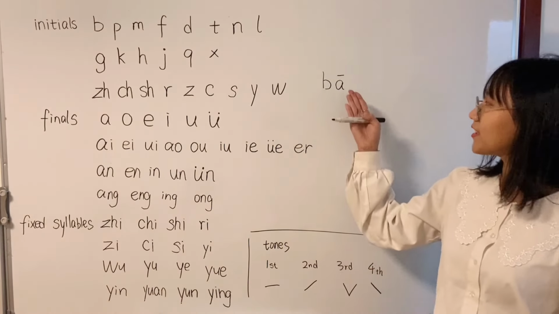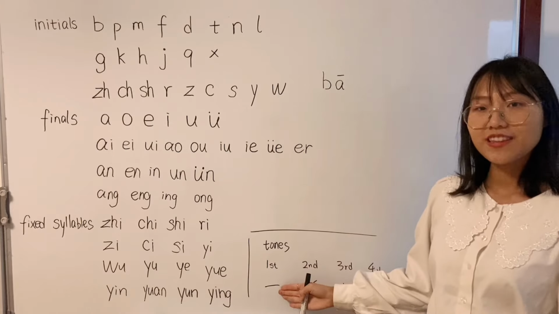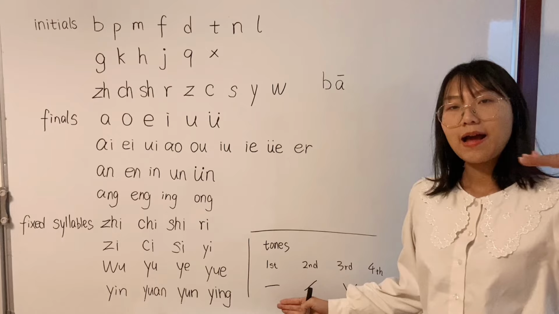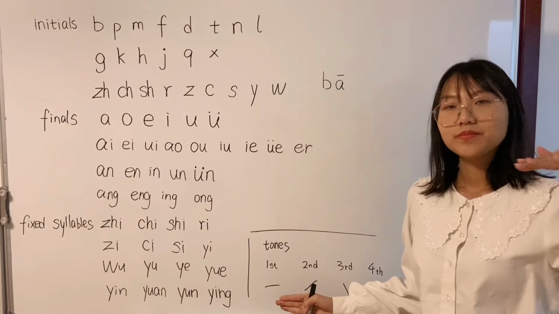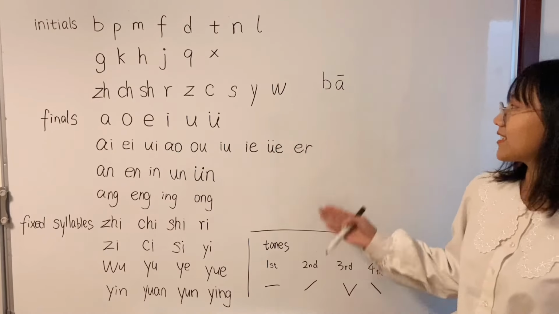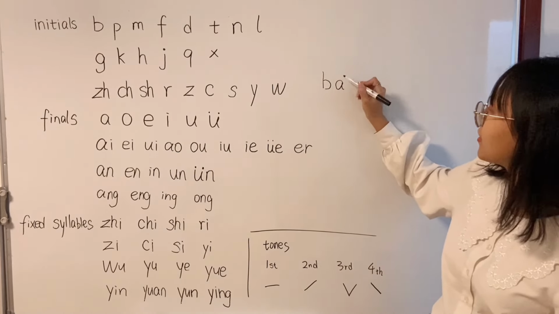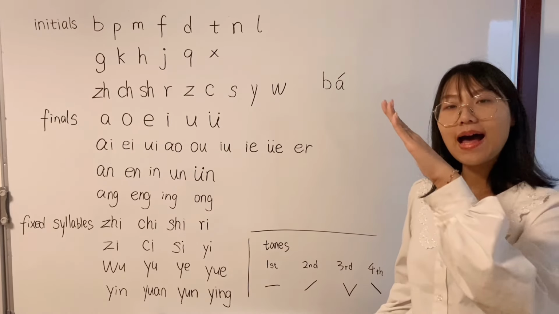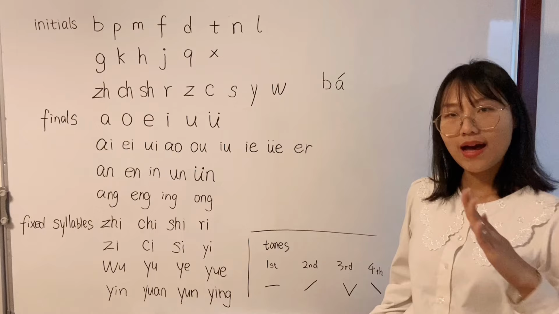So we put the first tone. The first one is the flat tone. We say bā, bā, bā. It doesn't change anything. Let's say the second, it's a rising tone. So it's bá, bá, bá.